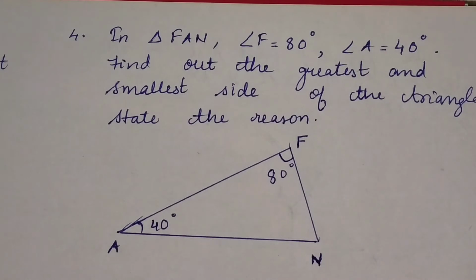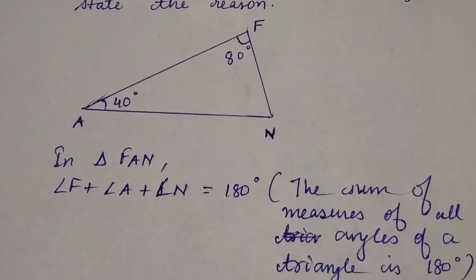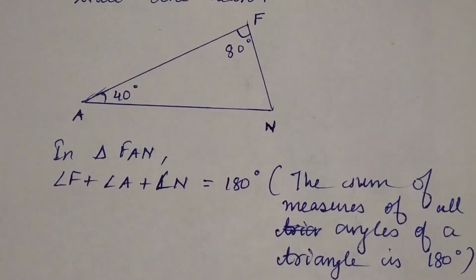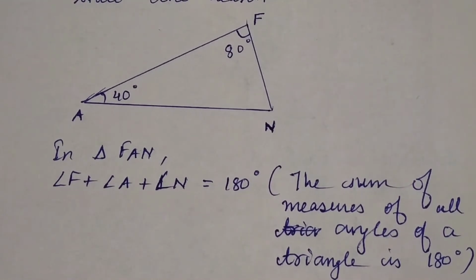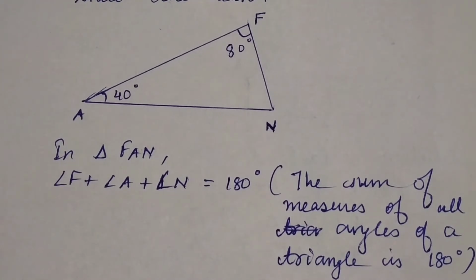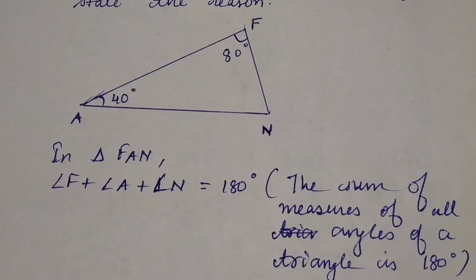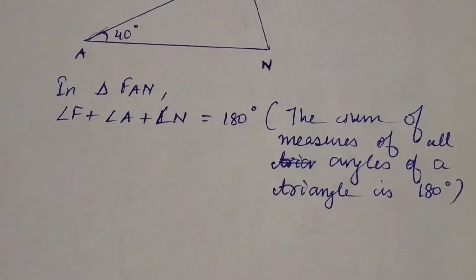So with that logic, let us see what we write. In triangle FAN, angle F plus angle A plus angle N is equal to 180 degrees. The reason is that the sum of the measures of all angles of a triangle is 180 degrees. Now we will substitute the values of F, A and N and get the answer.